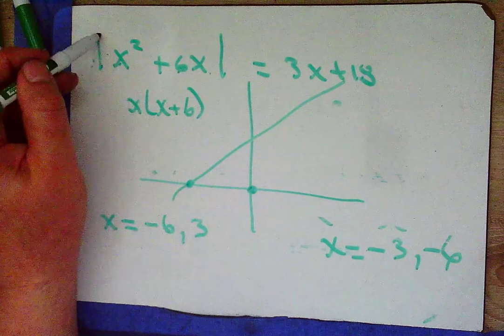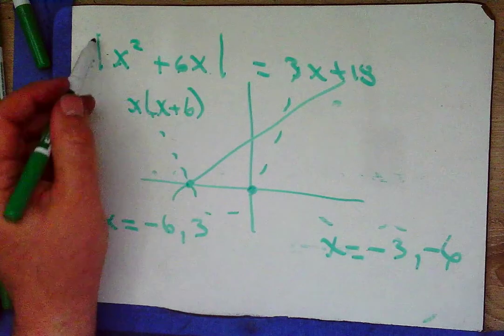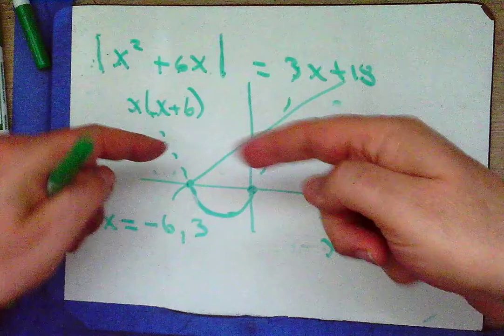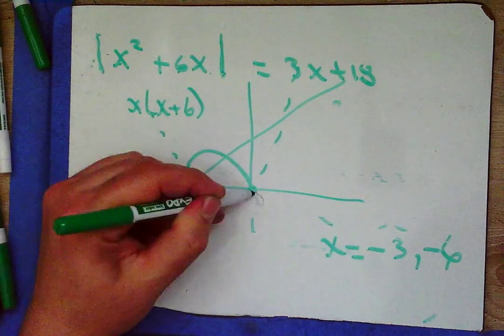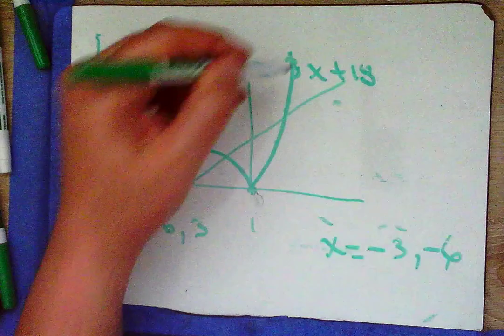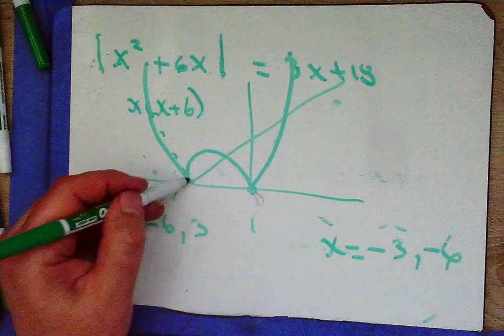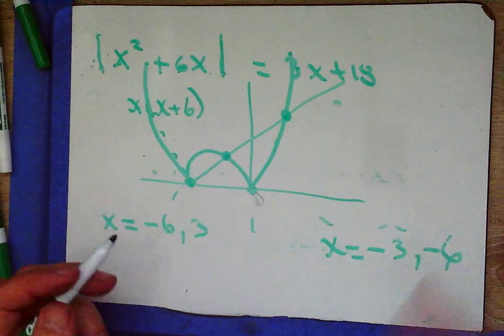Okay? And my parabola would look like this. But what does this absolute value do? Well, it takes all this stuff down here and it flips it up because it can't be negative anymore. So my parabola looks like that. How many points of intersection do you see? I see 3. I think they're all going to work.